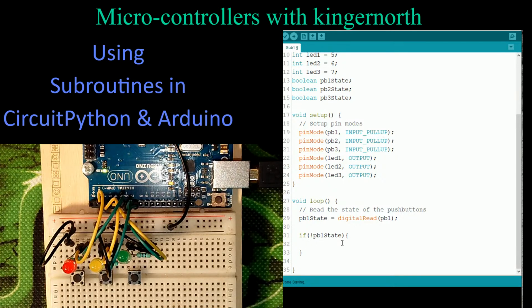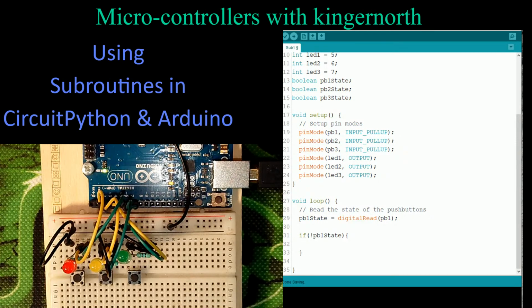So I'm going to go in here and put in a real simple command, and I'm going to show you how silly this is to create. What I would want to do is change the state. So I'm going to do it without a subroutine first, since this is the only thing I've got going in here. So what I need to do is change the state of the push button.